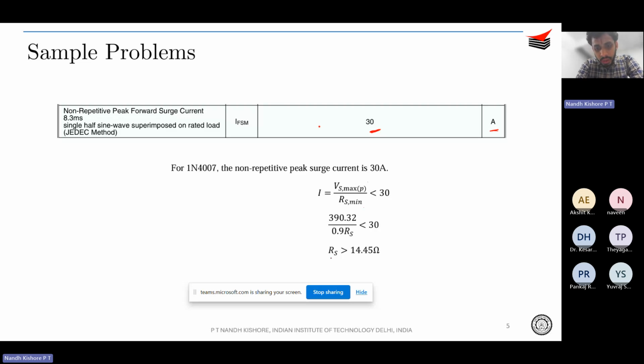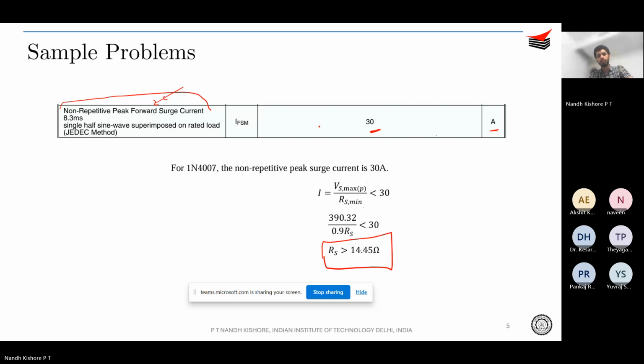Based on that, your Rs should be more than this particular value, that is 14.45 ohms, so that your current is less than 30 amperes. This is very similar to what we have seen in 2-3 problems already. So just go to the data sheet, you will get the non-repetitive peak surge current rating.